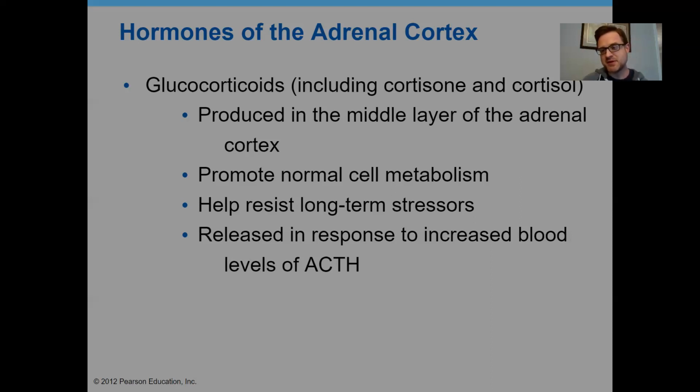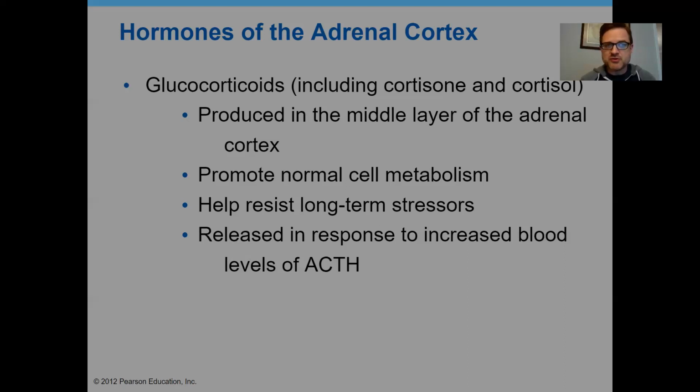The fight or flight response increases your blood pressure, sort of stresses you out. These hormones, the slide says they promote normal cell metabolism. They help resist long-term stressors. So if you have a rash, that's inflammation. That's your immune system inflaming the tissues of your skin. Cortaid cream or hydrocortisone cream inhibits that.